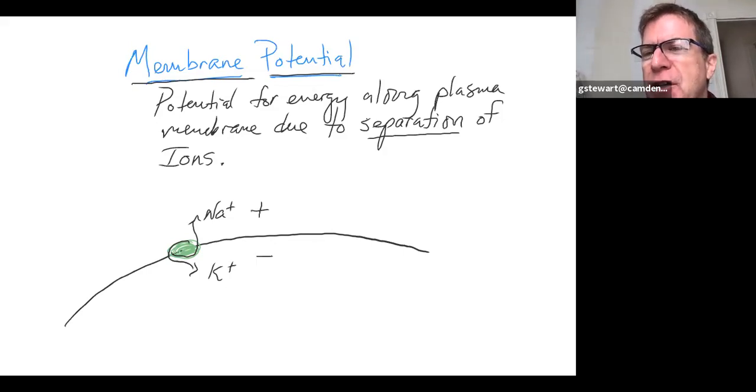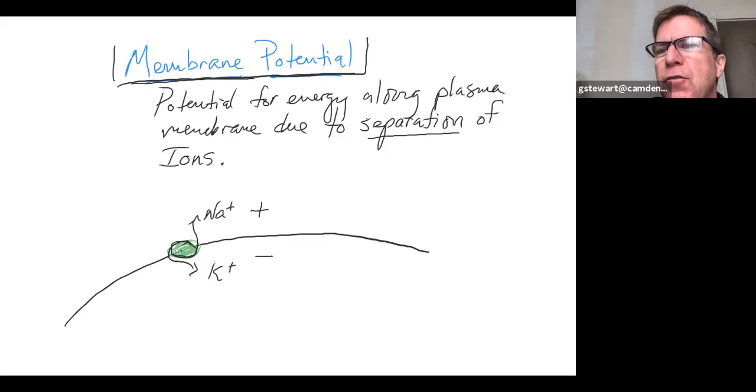The separation of these ions, and therefore this charge, sets up the potential for this membrane to do something, to have energy. That's what this terminology means. It literally means separating something along this membrane, like these two ions. And in doing so, we've created a polar environment.